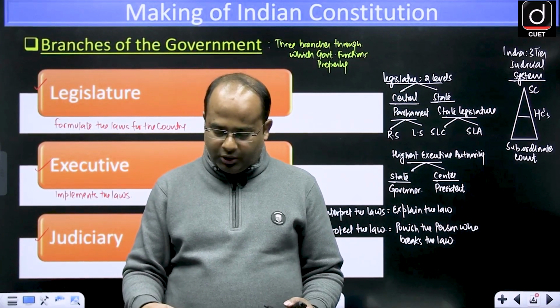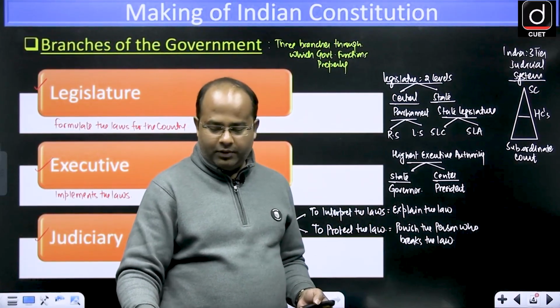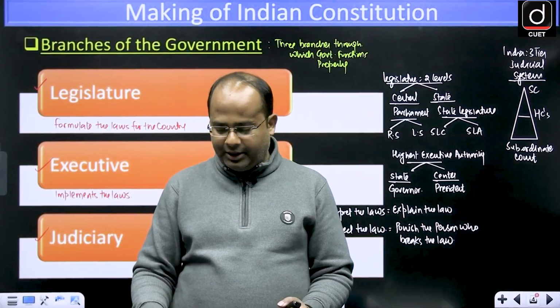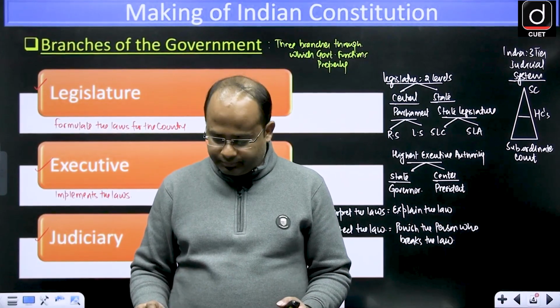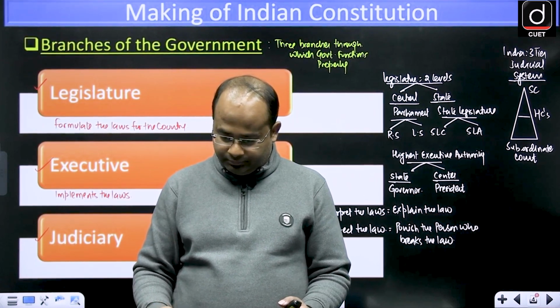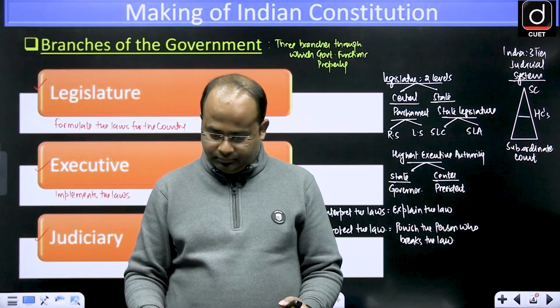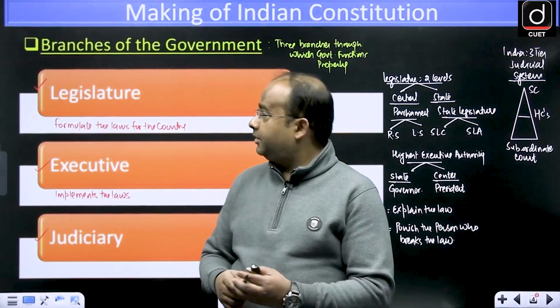So is that clear to all of you? What is High Court, what is Supreme Court, and subordinate court? We will discuss these things in detail in our upcoming session. Now let's come to the next thing.